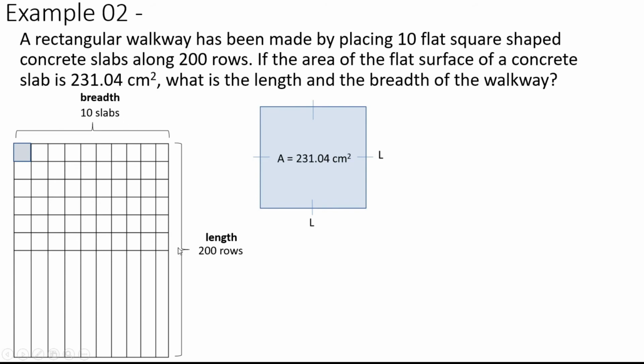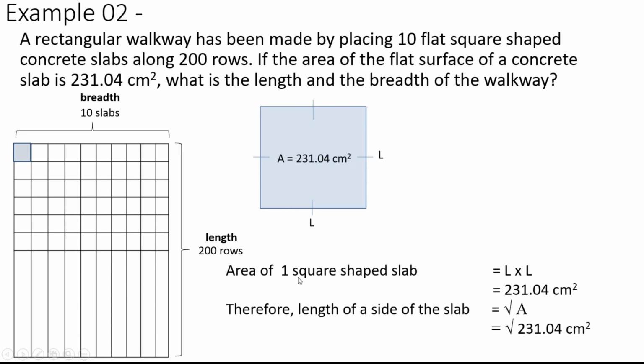So to find this length and breadth of the walkway, we have to first find the length of one side of this square-shaped concrete slab. So to find that, the area of one square-shaped slab, that is length into length, is 231.04 square centimeters. Therefore, you can take the length of a side of the slab as square root of the area of the slab, that is square root of 231.04 square centimeters.